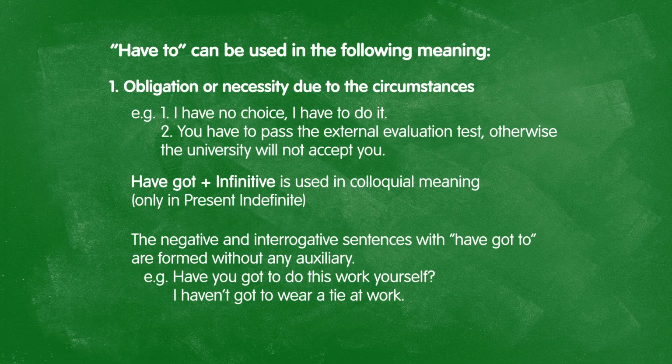But if you say have or haven't got, you do not use an extra auxiliary. Now let's look at some examples using have got. First, have you got to do this work yourself? Or, I haven't got to wear a tie to work. Here, in both of these, a question and a negative statement, there is no auxiliary.